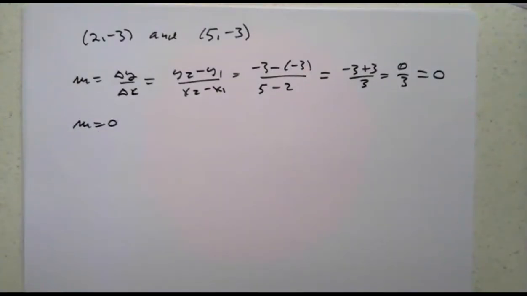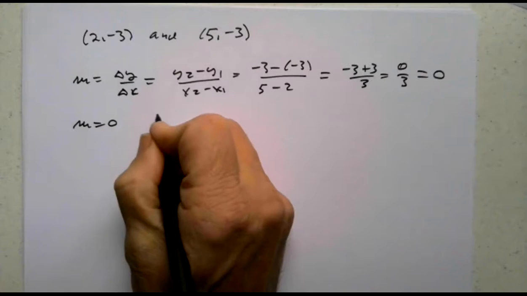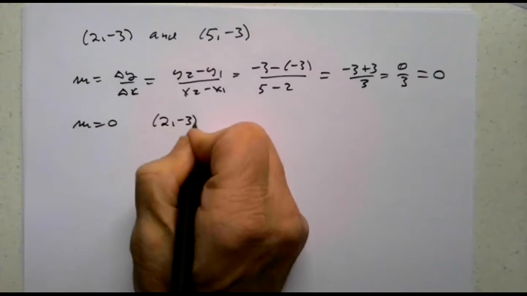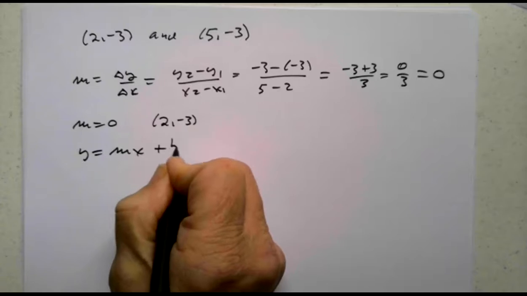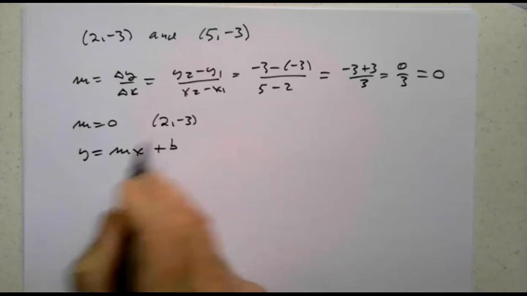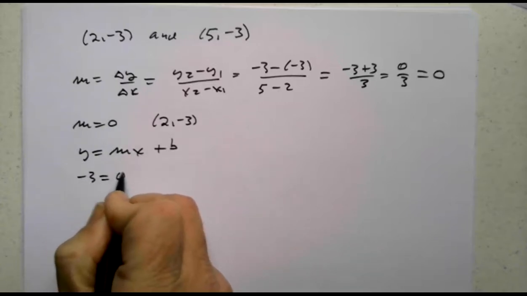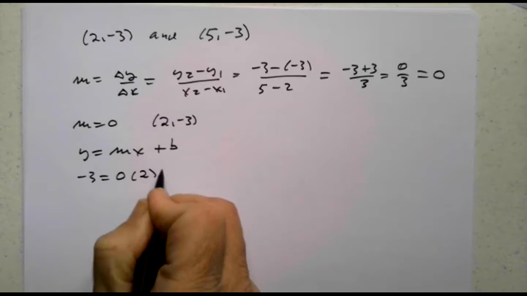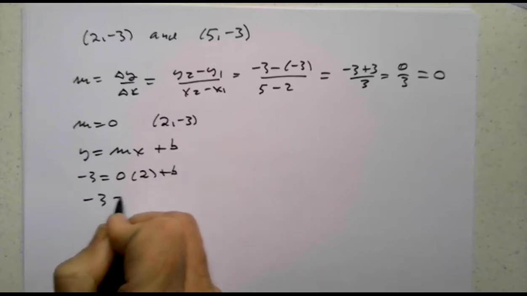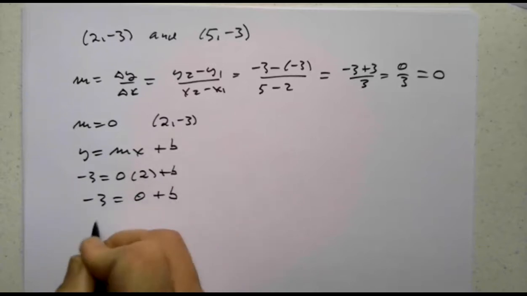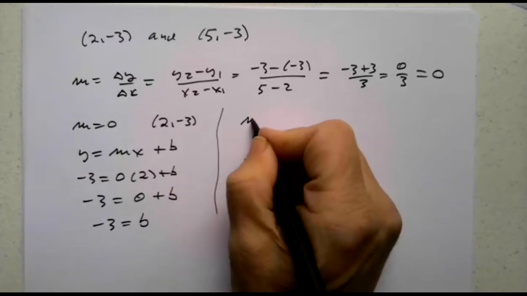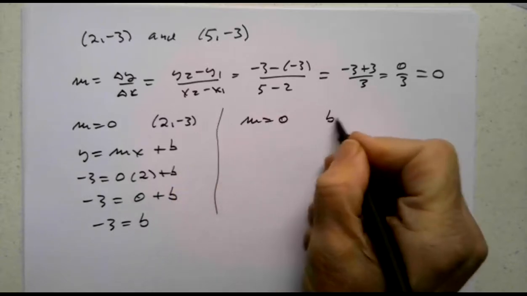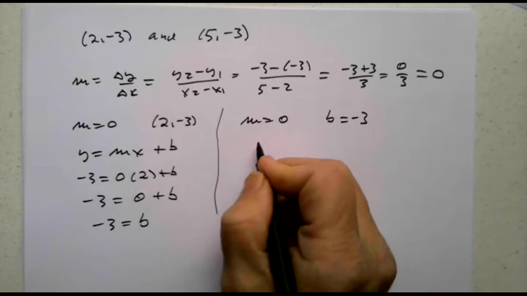I want to find b, so I still want to use my point. This time I'll use 2, -3, and my equation is y equals mx plus b. Let me go ahead and solve for b. Y is -3, m is 0, x is 2 plus b, and I get -3 is 0 plus b. I get -3 is b. Okay. So we have m is 0, b is -3.